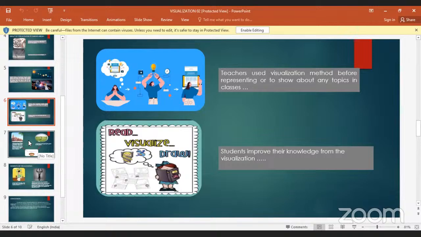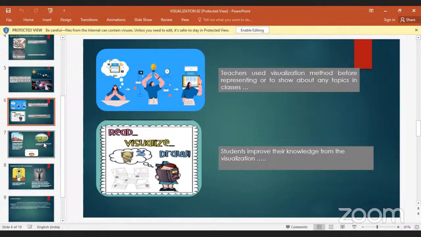In this slide I included how visualization impacts the education field. In the first image there is a teacher who wants to represent a topic in front of all the students. Before representing these things, she visualized in what way she makes this slide, and in which way she can represent the things in front of all the students.